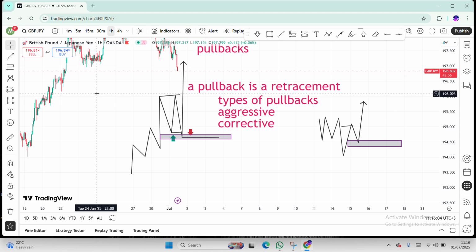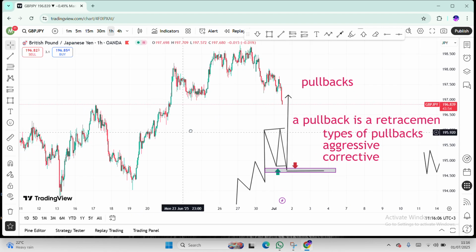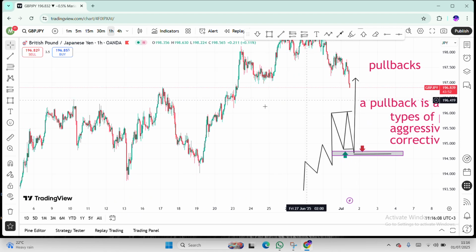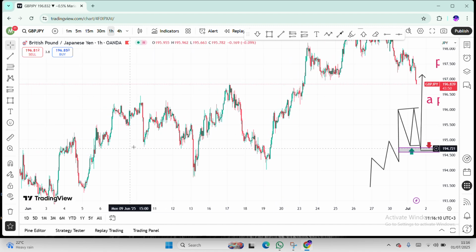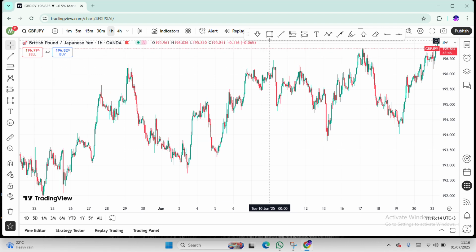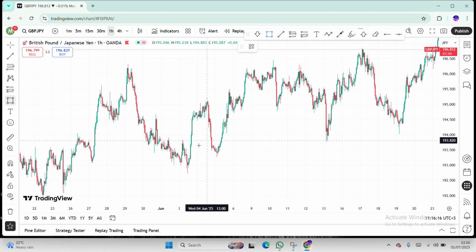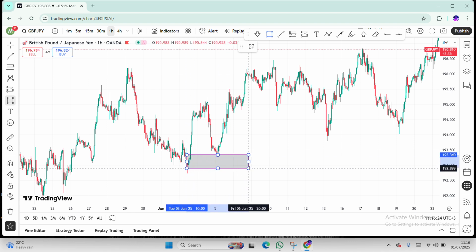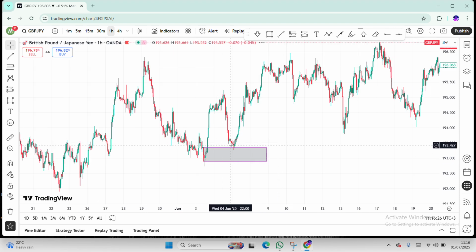Now I'm going to show you on the live charts how to spot and then aggressive ones also. Once you enter in aggressive, so this was a corrective one because you knew this was a bullish market, so you just waited for it to tap on this. You just waited for it to tap back here and then you entered.